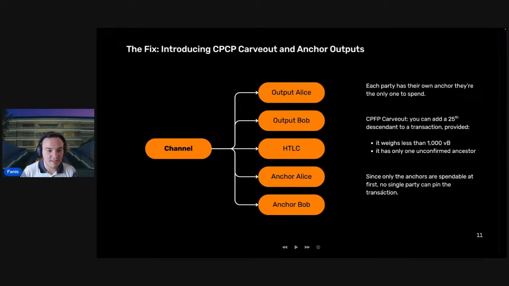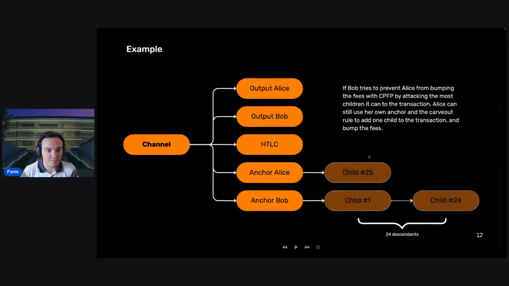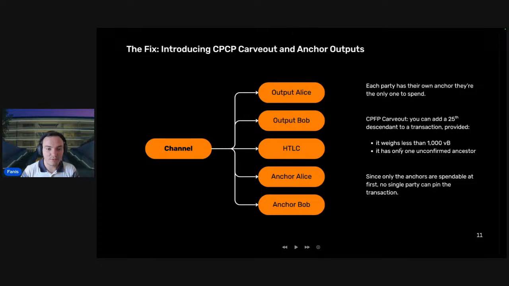No single party can pin the transaction, because we can see in this example that if Bob tried to pin the transaction as he did before, so before we introduced carve-out, then he would, for example, create 24 descendants and chain them after his anchor, because it's the only thing that he can spend. But then Bob cannot add a 25th child, because the CPFP carve-out rule says that the potential 25th child must only have one unconfirmed ancestor.